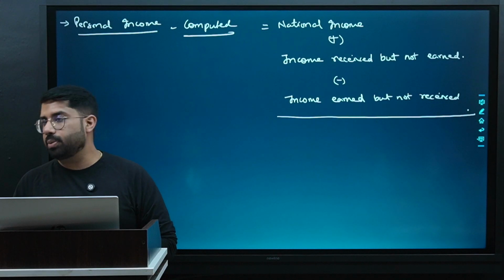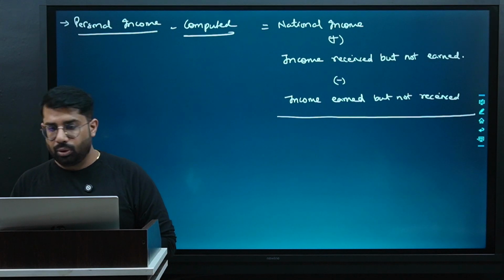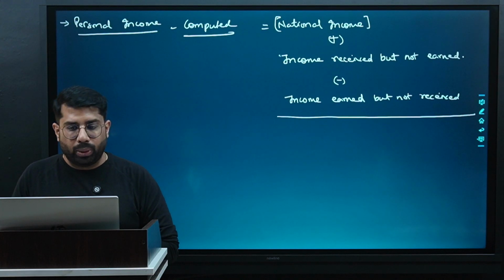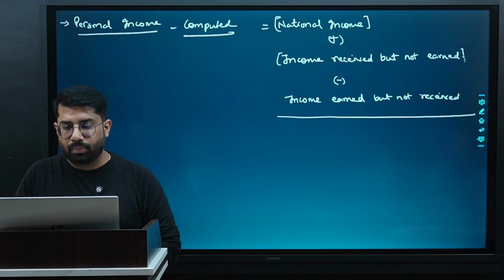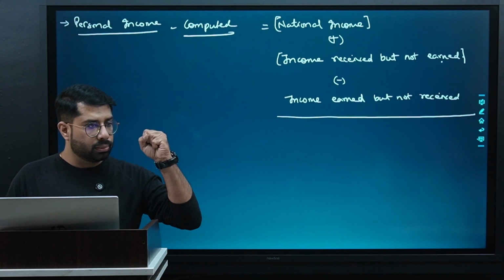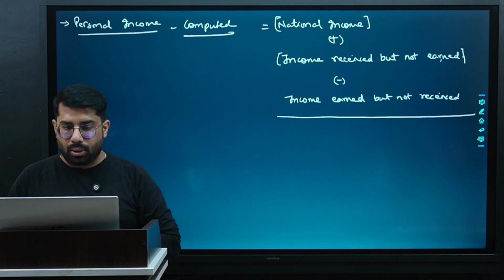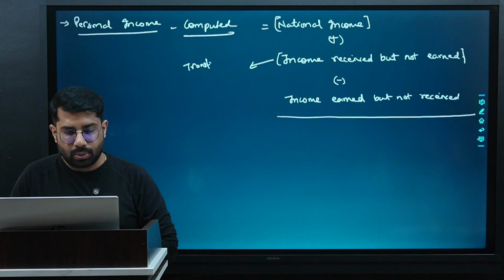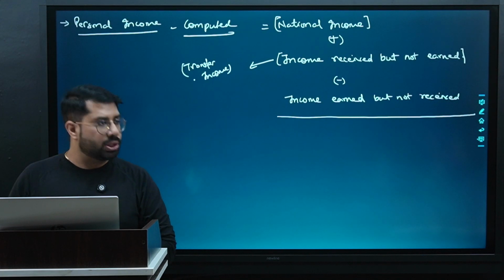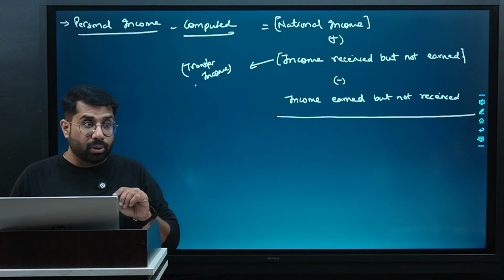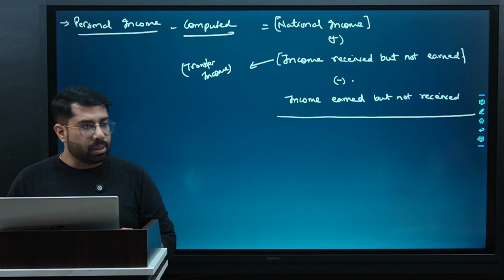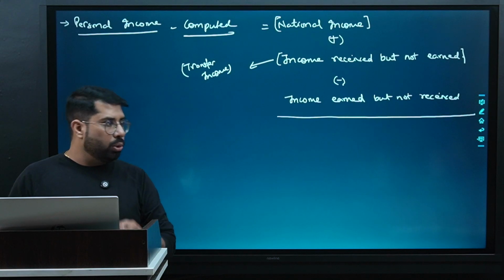Look how easy it is becoming for us. We are saying national income, you will add what? You will add every such type of income which you have received but not earned. Technically it is talking about transfer payments or transfer income, because transfer income is such type of income which is received but not earned. Yes or no? And you will subtract the income you have earned but not received.